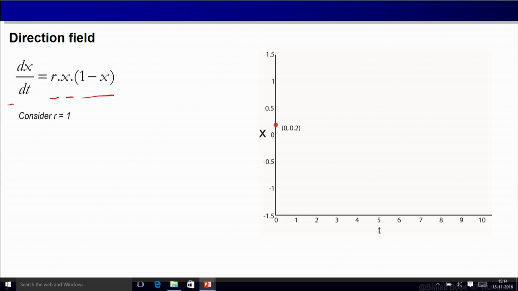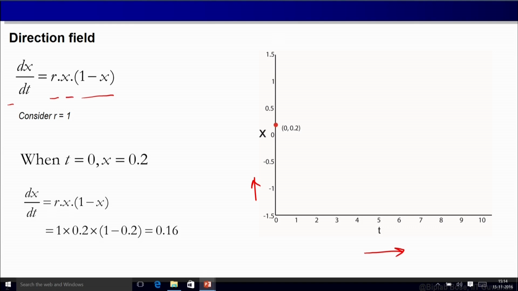The first thing I do, I plot time t in the horizontal axis and x in the vertical axis. So let us take a time point, for example t equal to 0, and at that time let us consider x is equal to 0.2. Notice one thing in my plotting region. Although x can never be negative, I have also shown negative values of x in this vertical axis.